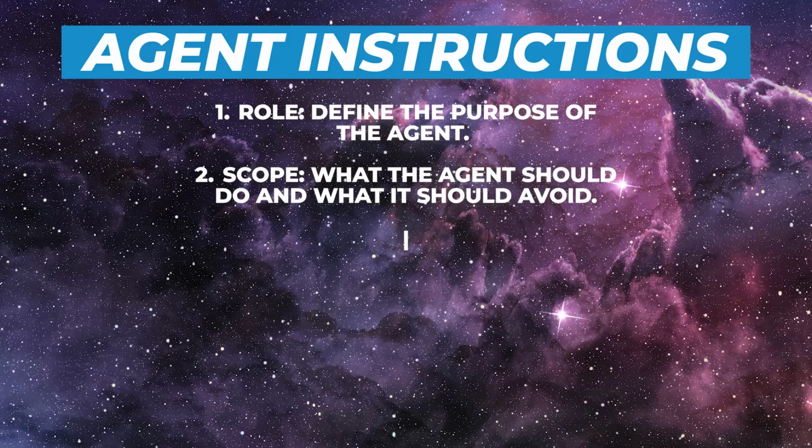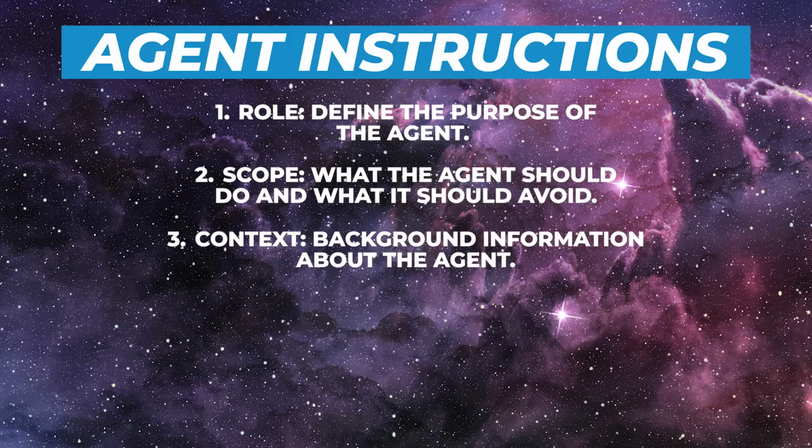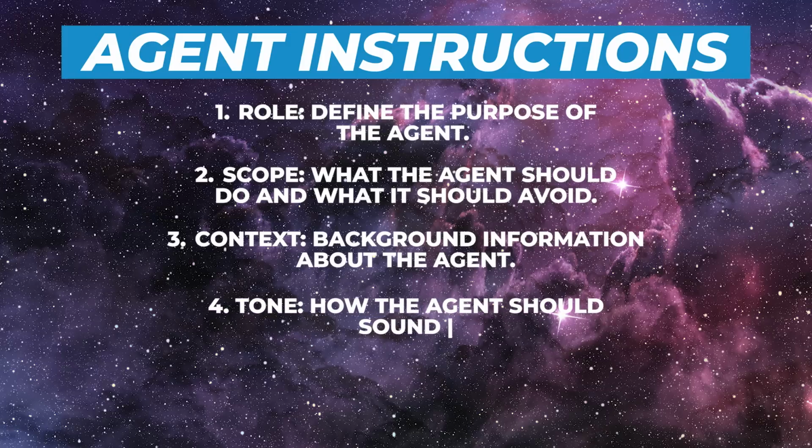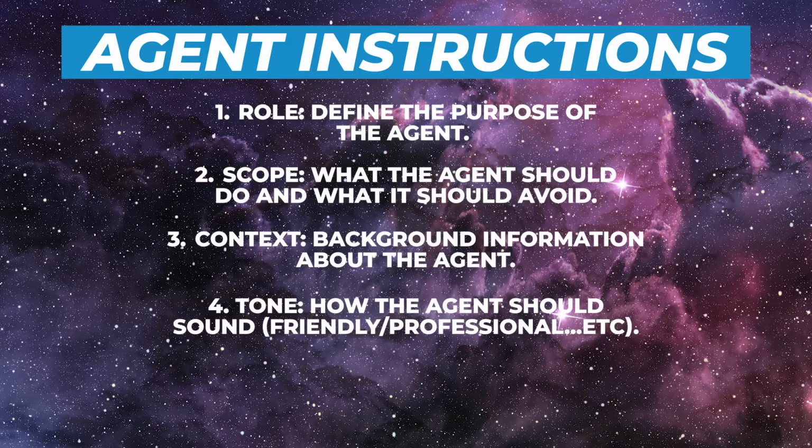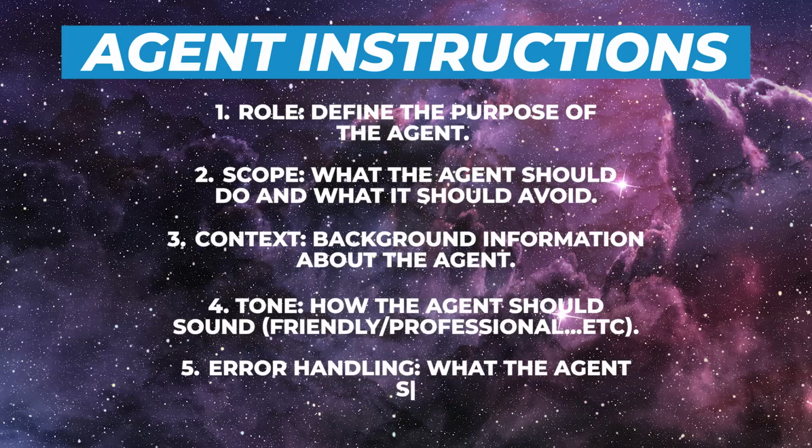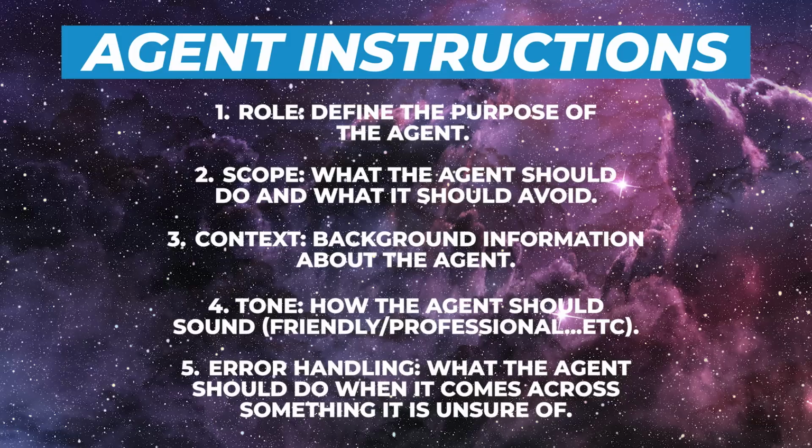Number 3 is context. Give it background information about the agent. Also, refer to the knowledge source in which it is pulling the information from. Next up is tone. You should let the agent know how it should sound, whether this is being friendly or concise or even professional. Last up is error handling. You should tell the agent how it should handle when it comes across something it is unsure of what to do.